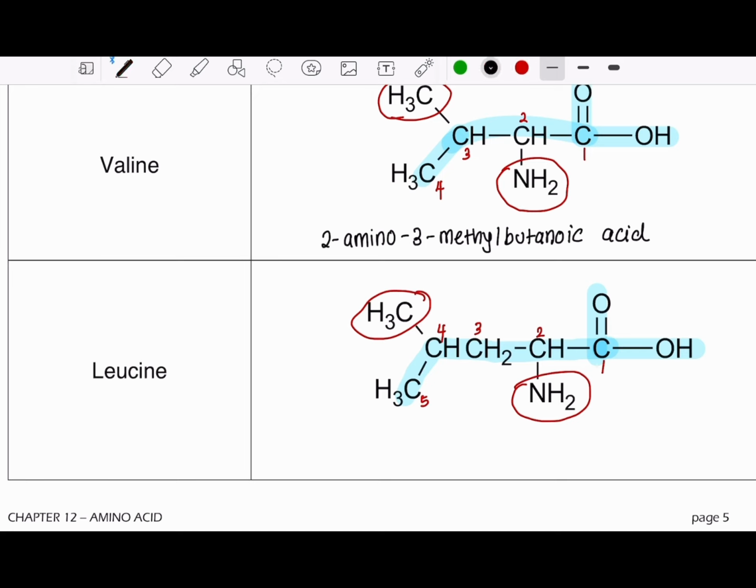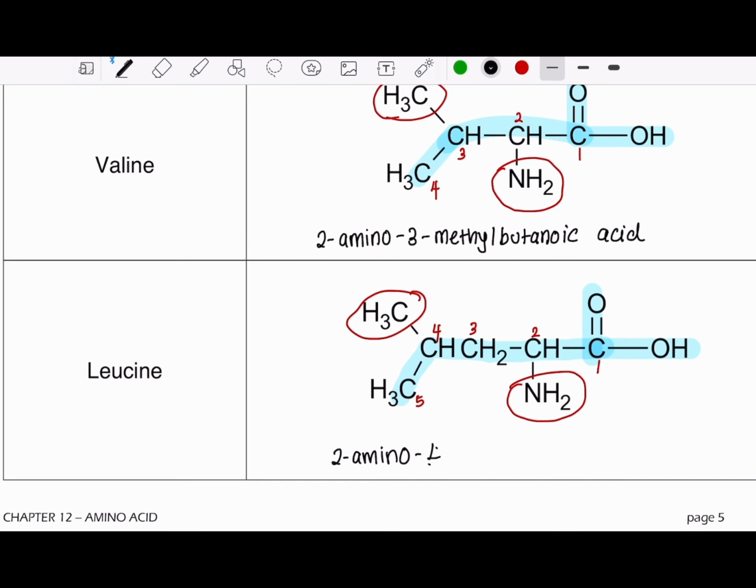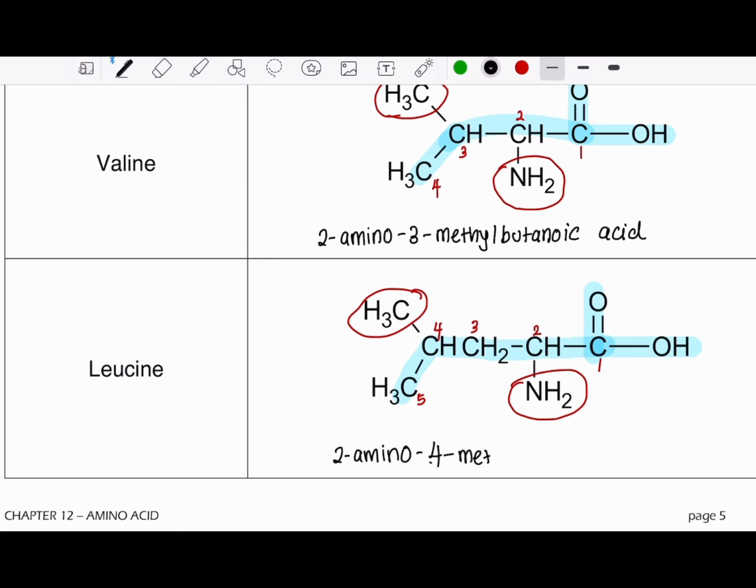So the name for this structure is 2-amino, 3, oh sorry, not 3, but 4-methyl pentanoic acid.